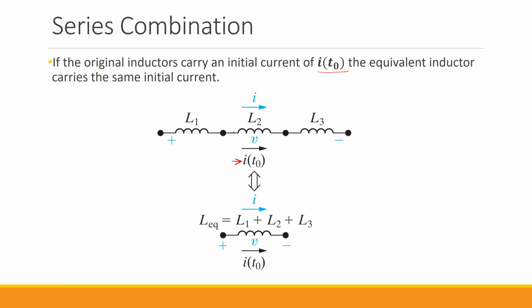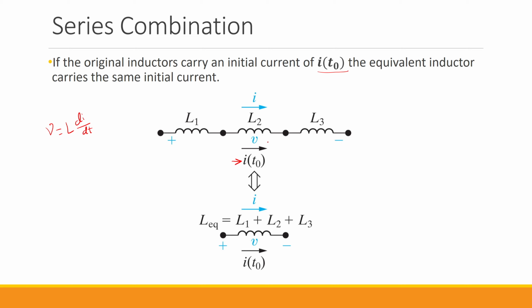Otherwise, we may have sudden changes in the current, which we know is not possible because of the equation that we had for the voltage of the inductor. So these three initial currents must be the same.